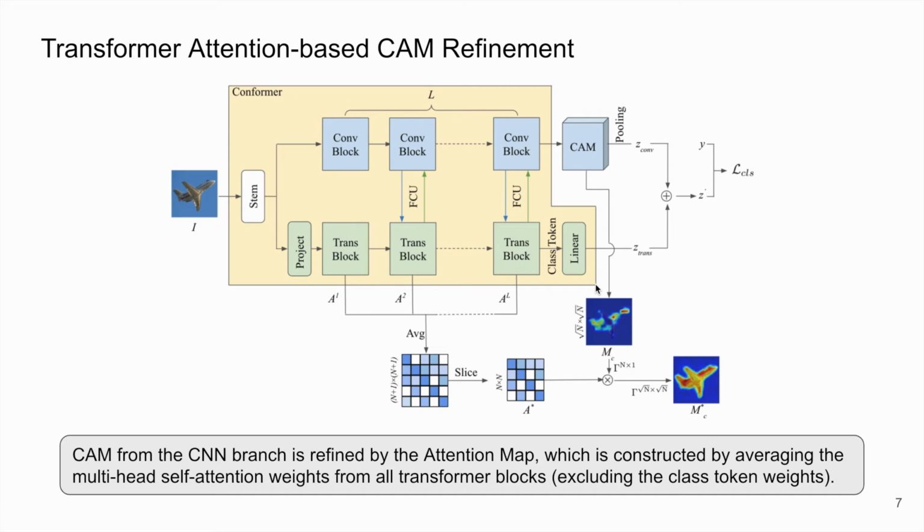The refined CAM has substantially improved object coverage. Overall, our method is very simple. It doesn't need to change the loss function or add additional network components. Despite its simplicity, it still achieves competitive performance with other state-of-the-art methods.